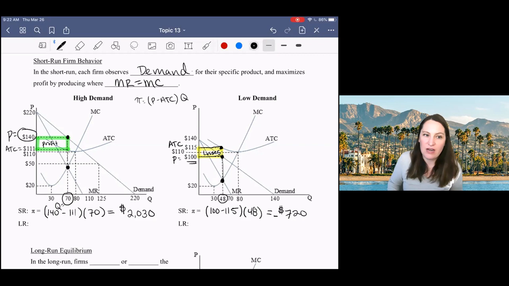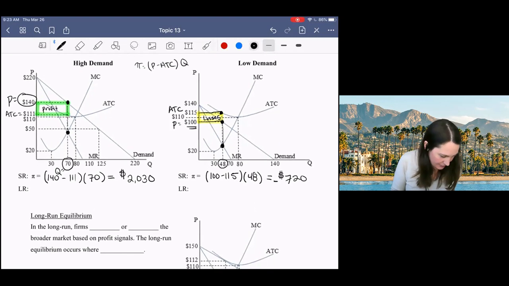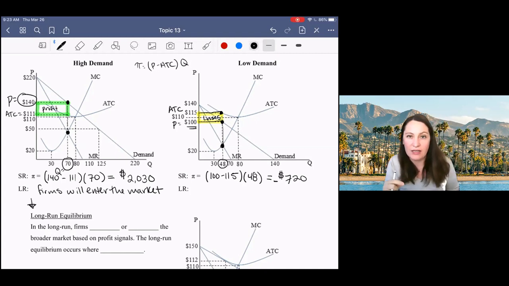So when profit is positive in the short run, firms will enter the market, and what is that going to do for Lucky Charms?